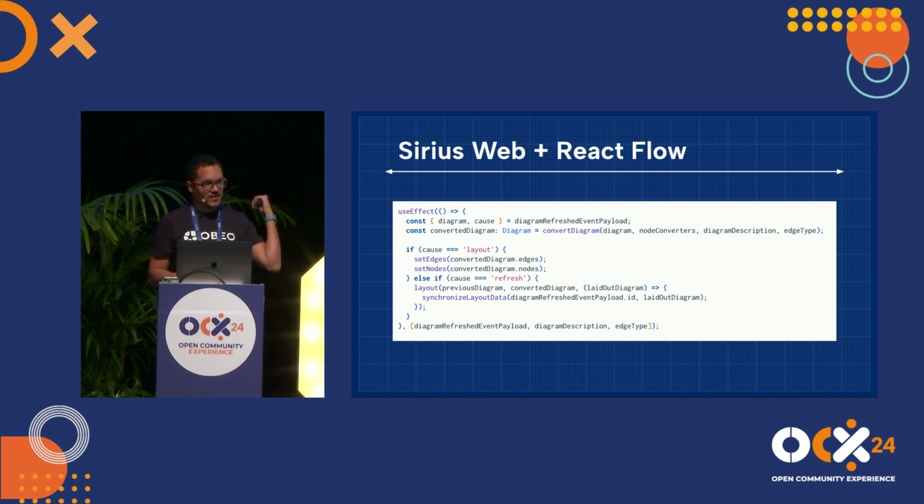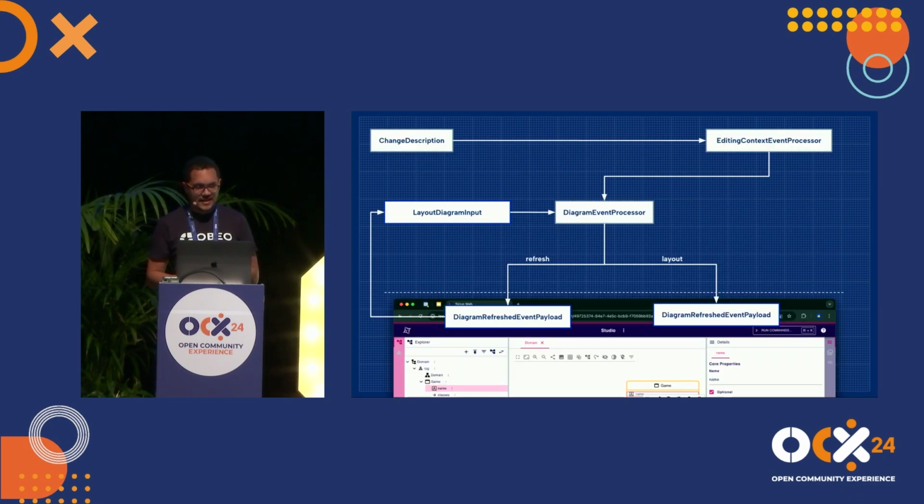And if we have a cause which is the layout, then we will just set the nodes and edges inside of the React Flow support. So the new algorithm looks a bit like that. When a change description is sent to the diagram event processor, it will emit a diagram refreshed event payload to the front end, saying it's a refresh.